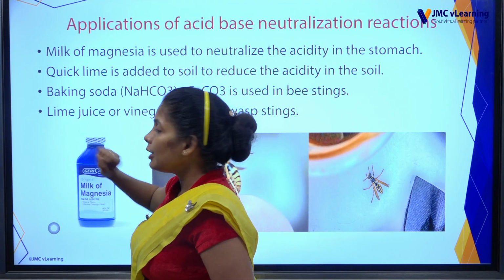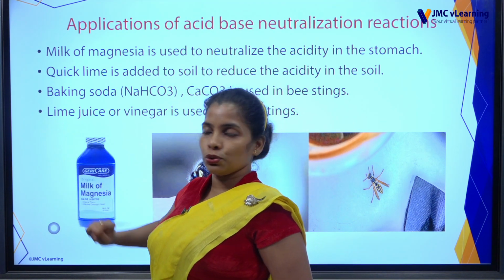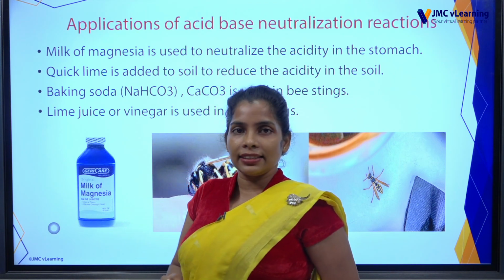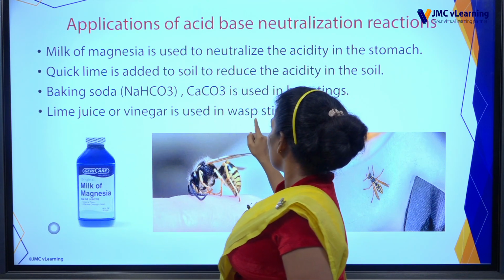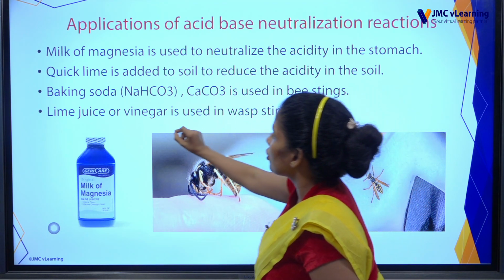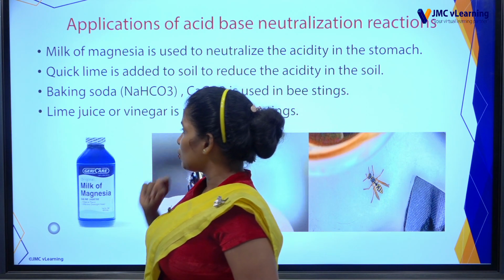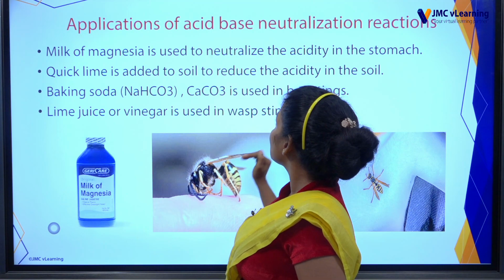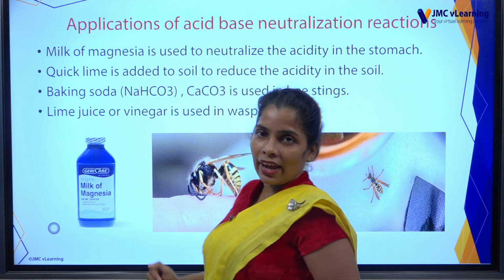And the last one, lime juice. See, this is lime juice. You can use lime juice or vinegar, that means acetic acid, for wasp stings. If you have wasp stings, you can use lime juice or vinegar. These are the applications of acid-base neutralization reactions.